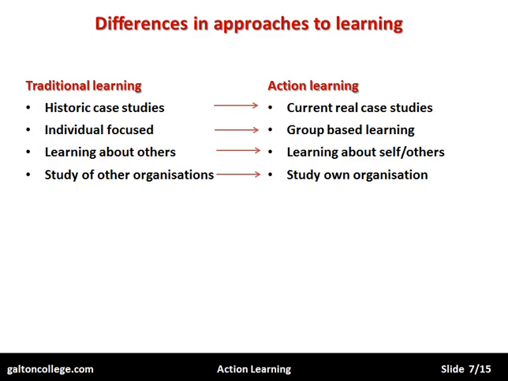This is something we're reading in a book that perhaps happened in another organization in a different time period even. So it's studying other organizations, whereas in action learning, we're studying our own organization. We're studying where we're working now. Again, a big distinction.